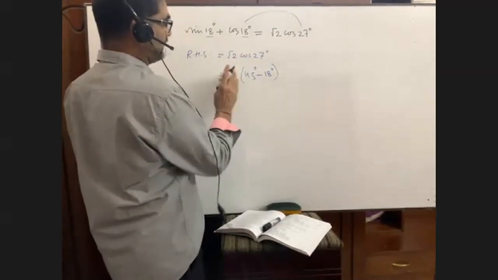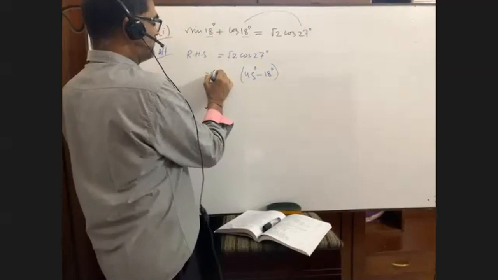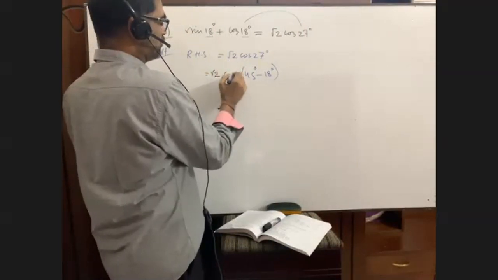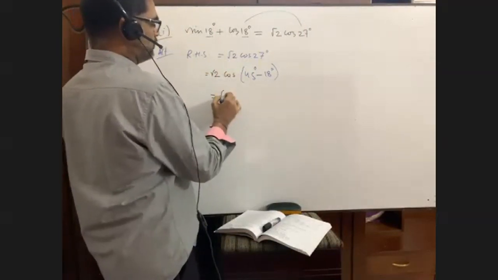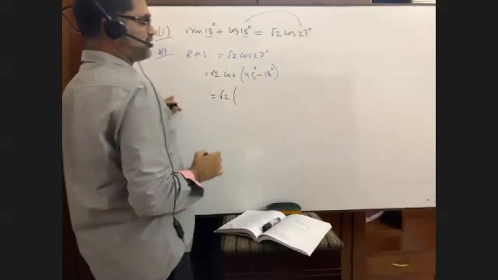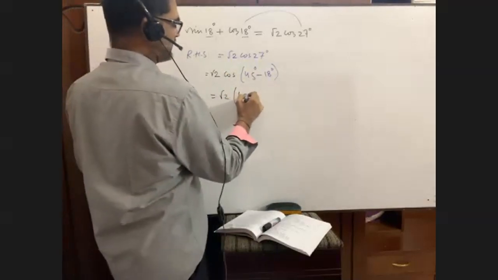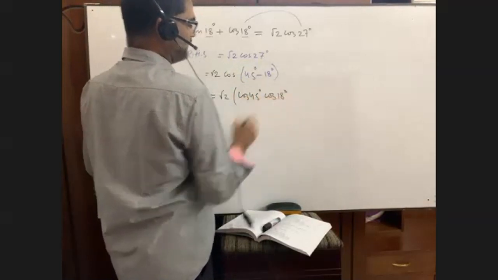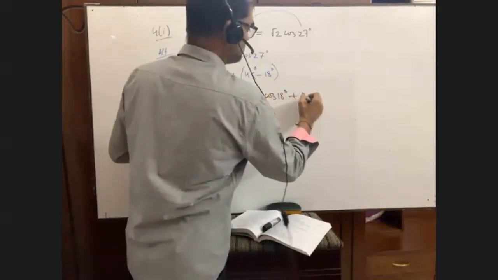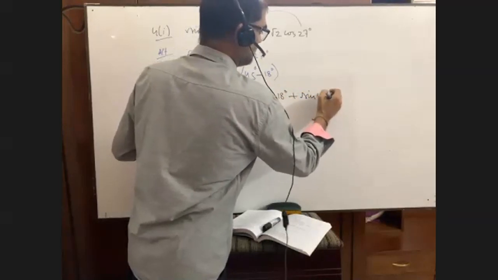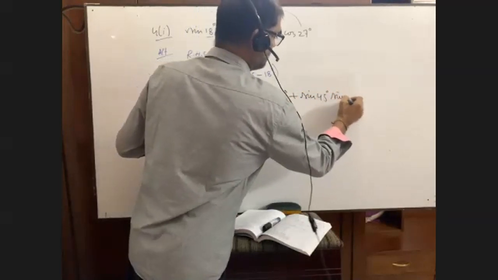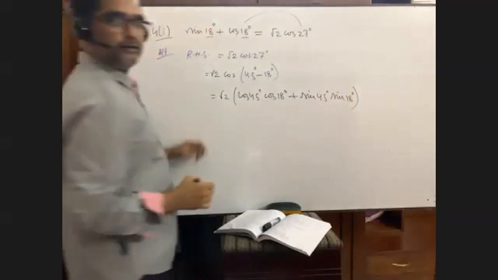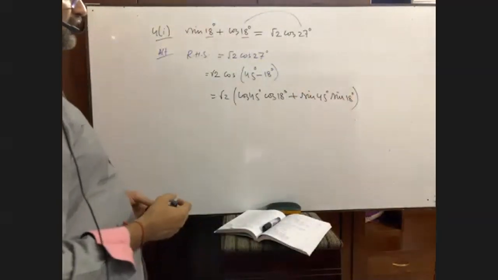Oh, I'm sorry. Cosine is not written. I am sorry for that. Okay, then root 2. What is the formula? Let me know. Cos of A minus B is cos A cos B plus sin A sin B. Am I right? What is the formula of cos of A minus B?